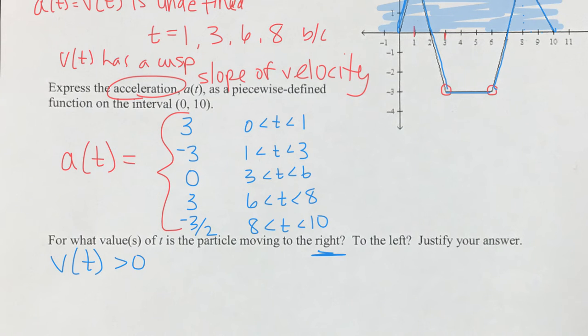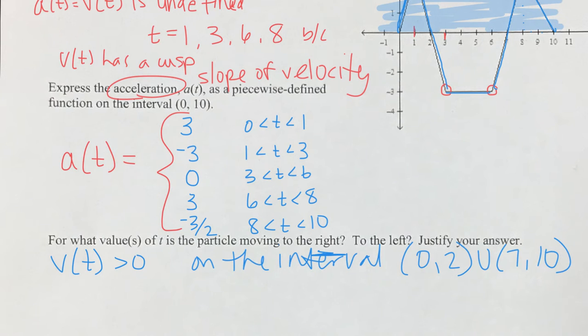So there are 2 intervals where the velocity is positive: on the interval 0 to 2 and 7 to 10. Because the velocity is greater than 0, our line is above the x-axis.